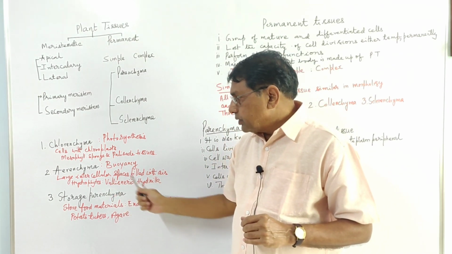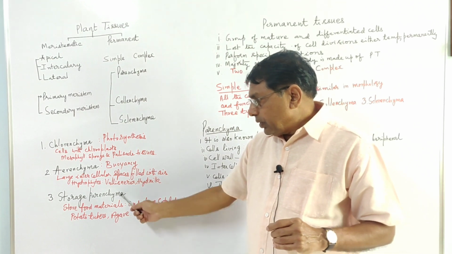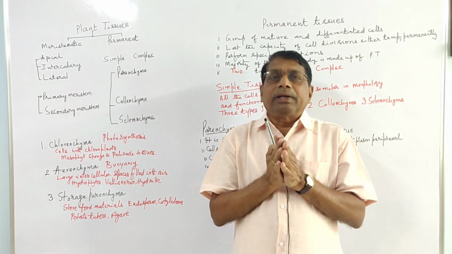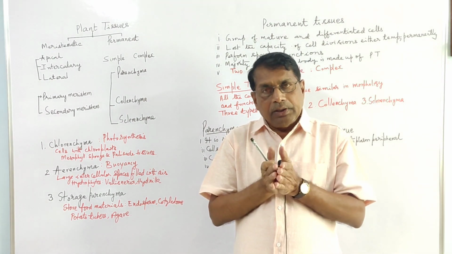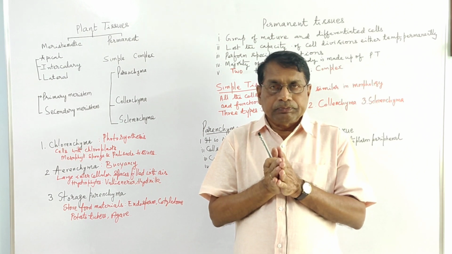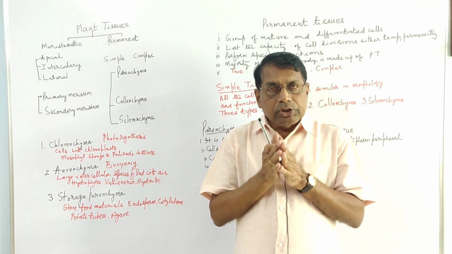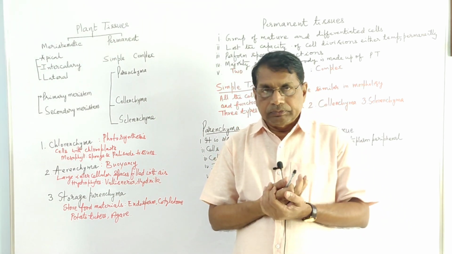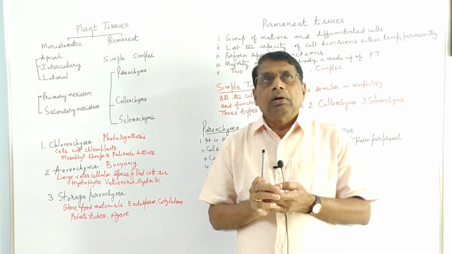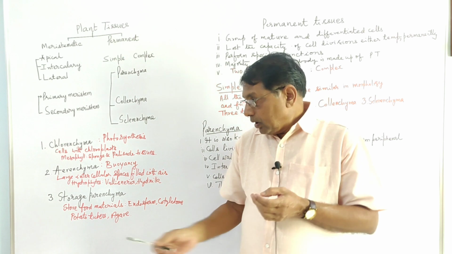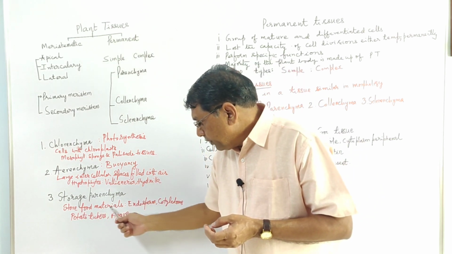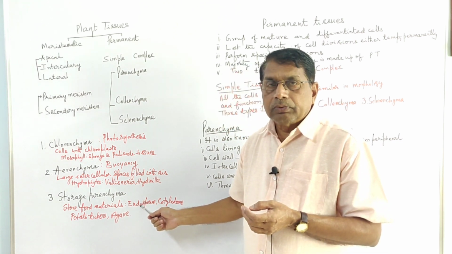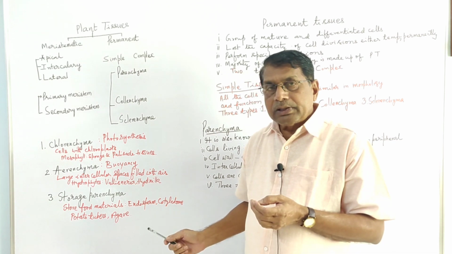Remember, Hydrilla, Vallisneria, hydrophytes. Storage parenchyma. The cells store reserve food materials, maybe starch, lipids, or proteins, or this tissue may store water also, like in Agave. It stores food materials and is present in the endosperm of rice and wheat, in cotyledons of pulses, and in fleshy fruits.